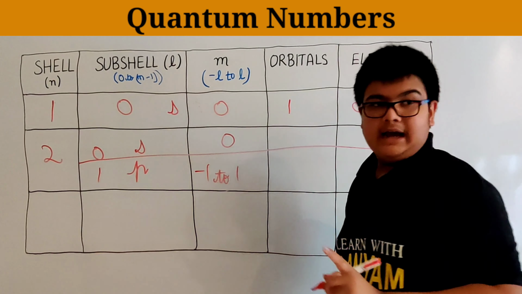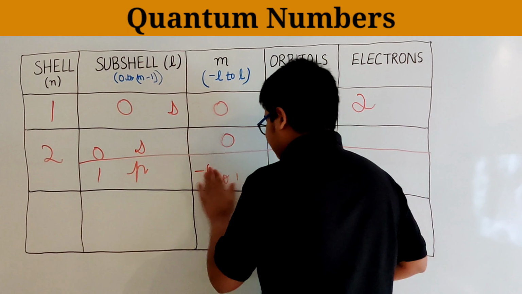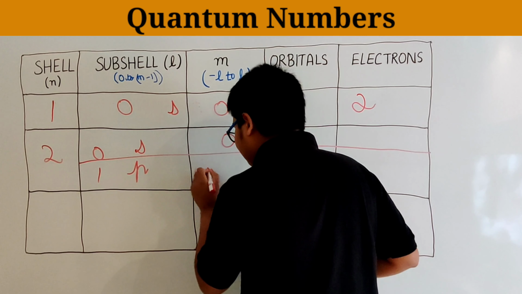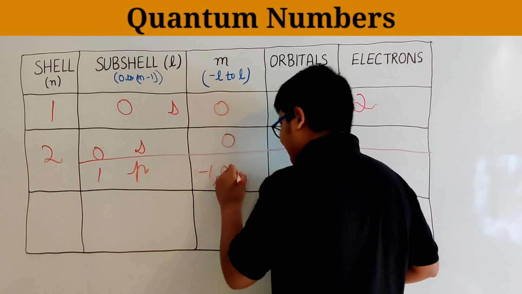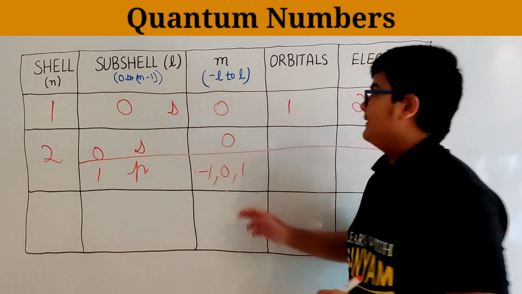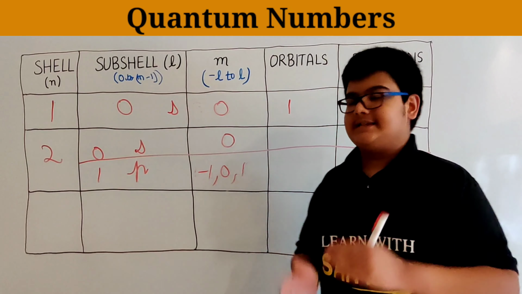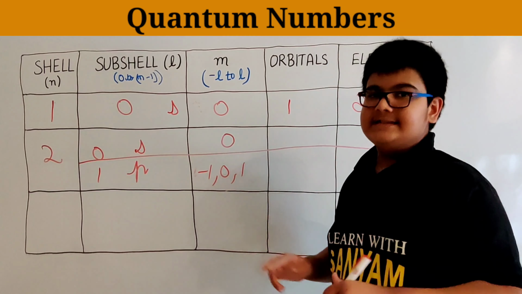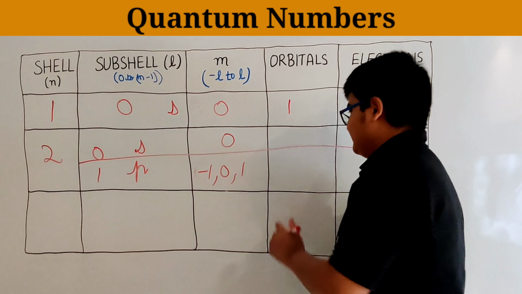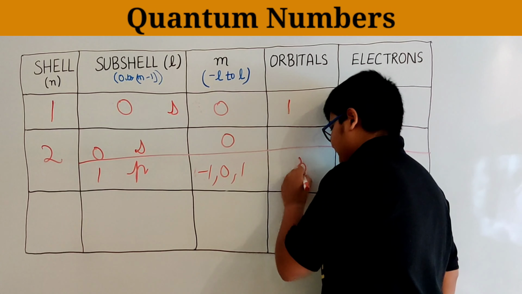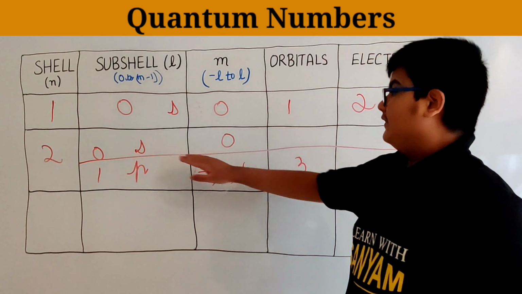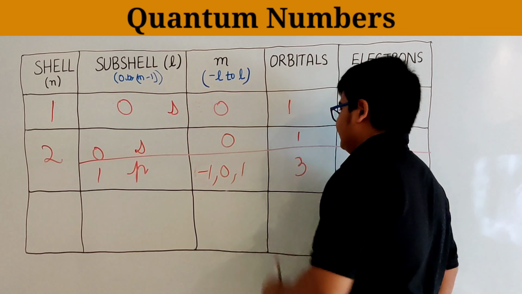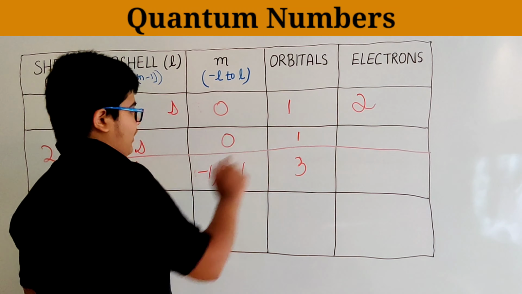So again m will have 3 values this time: -1, 0 and 1, because m will have all the values from -l to +l. Now as there are 3 values of m, this means that there are 3 orbitals present in the p subshell. And in the s subshell, as there is only one value of m, there is 1 orbital. So in total there are 4 orbitals.